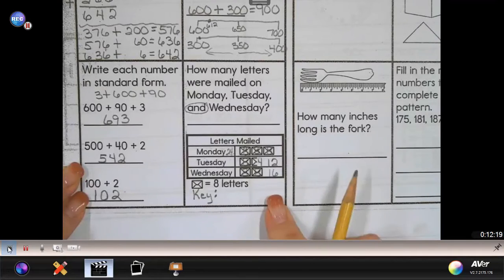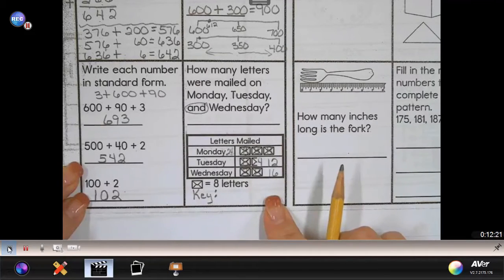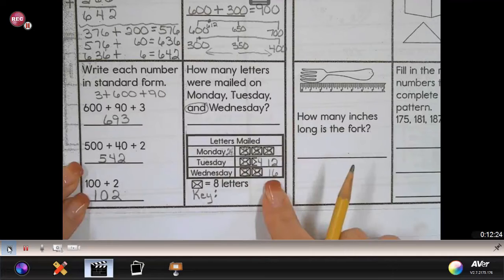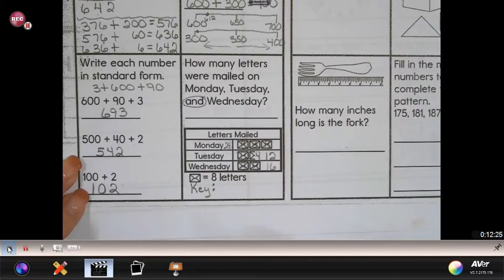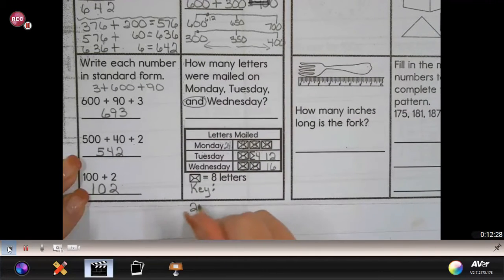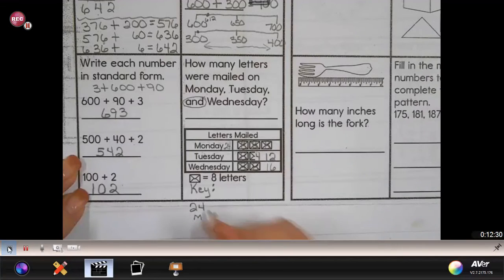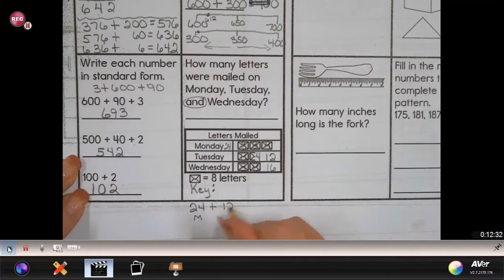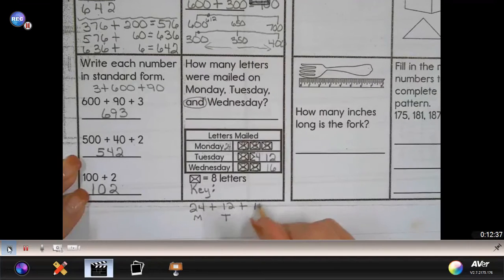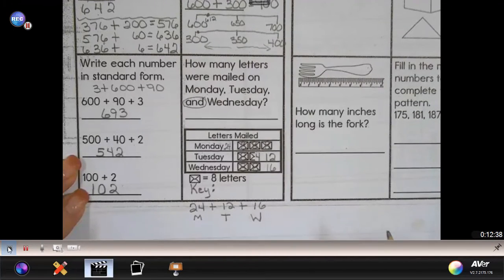Now we need to take the combined amount of these to find our total. So now that we know we have 24 for Monday, we have 12 letters for Tuesday, and we have 16 for Wednesday.